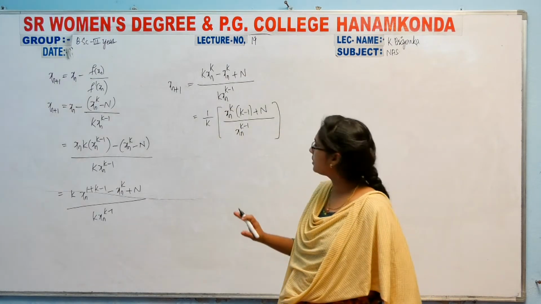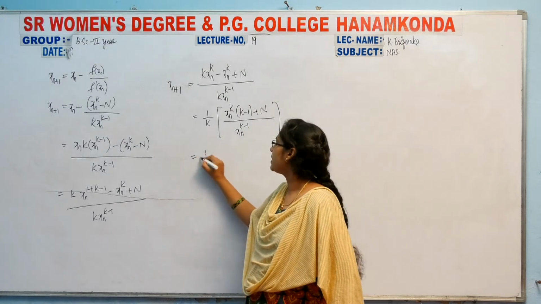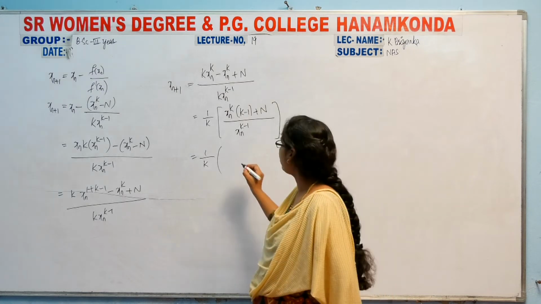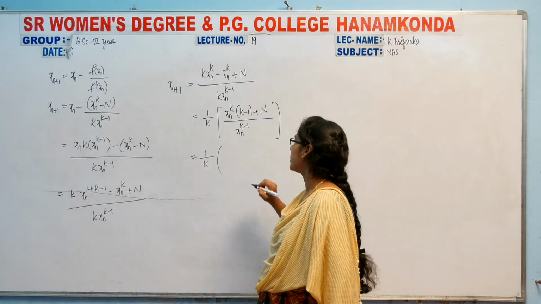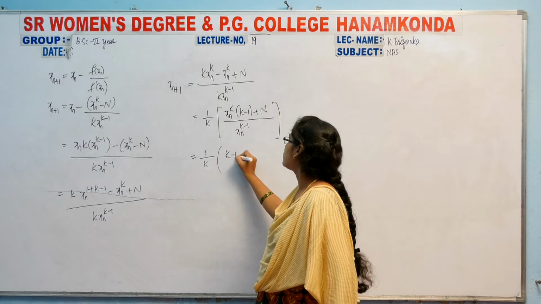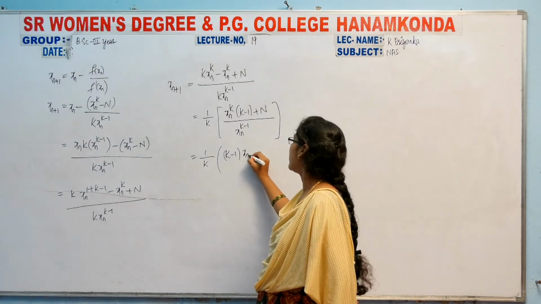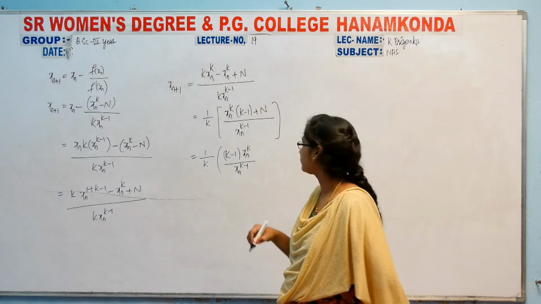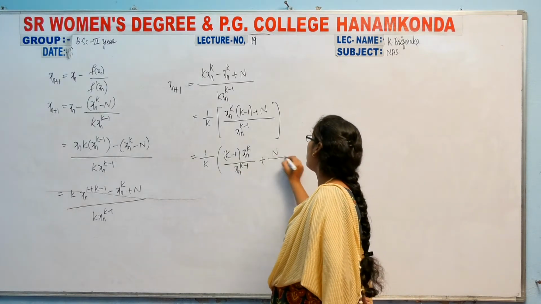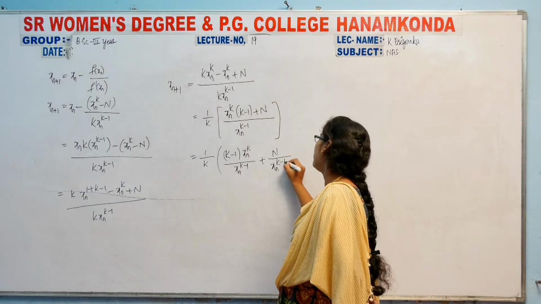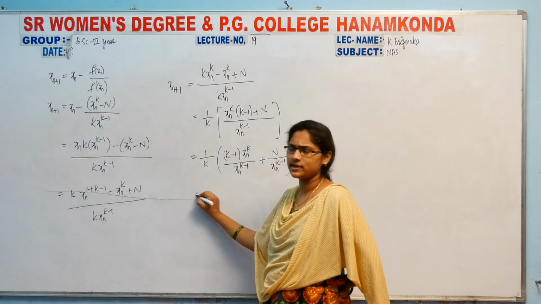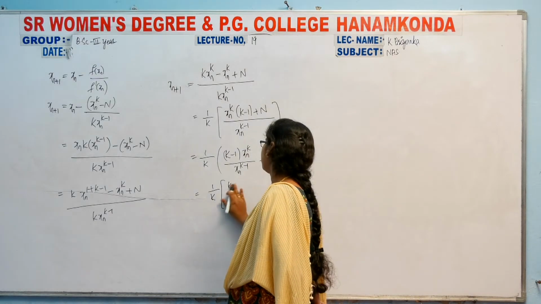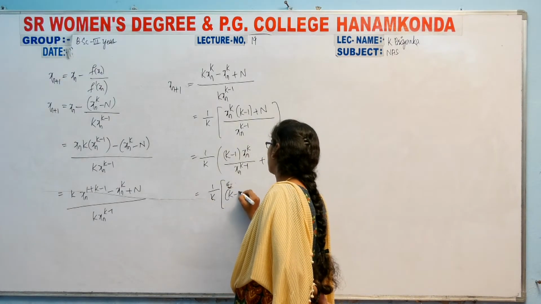Totally, the value of x(n+1) is nothing but 1 by k of k minus 1 into xn power k by xn power k minus 1, plus n by xn power k minus 1. I am just splitting it.